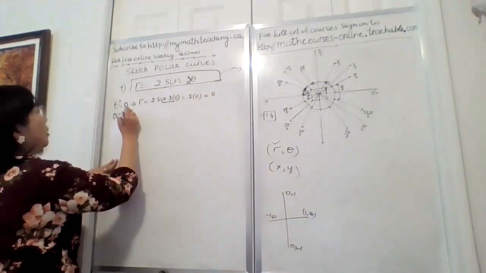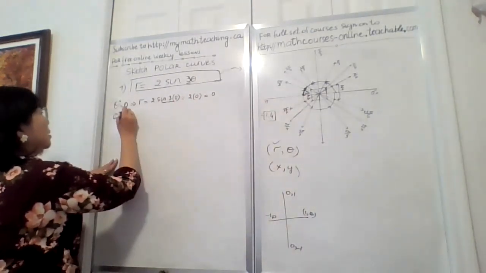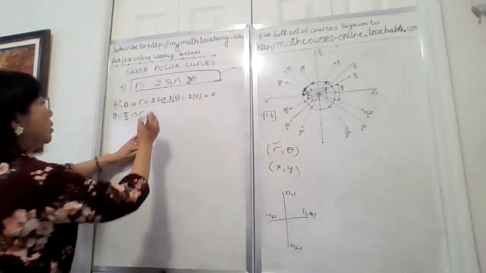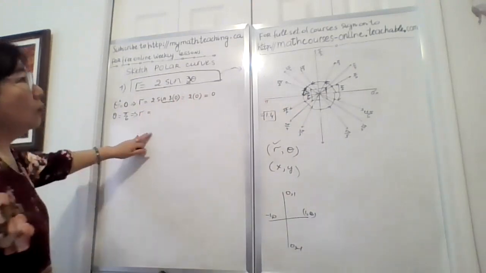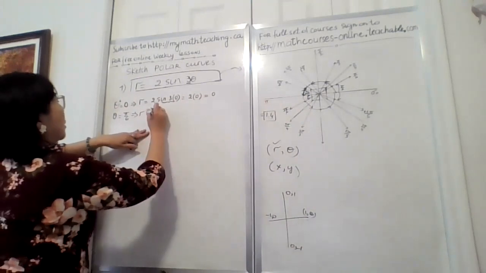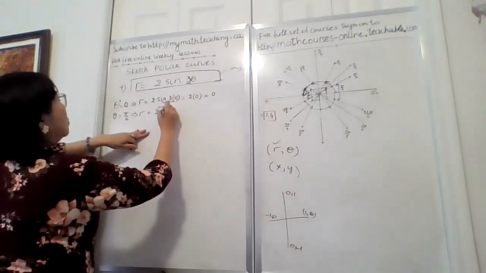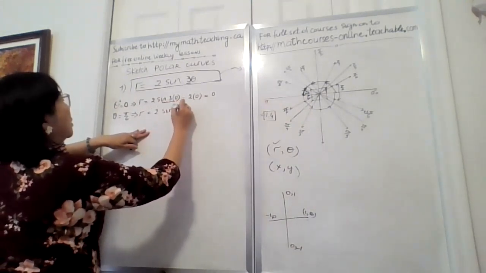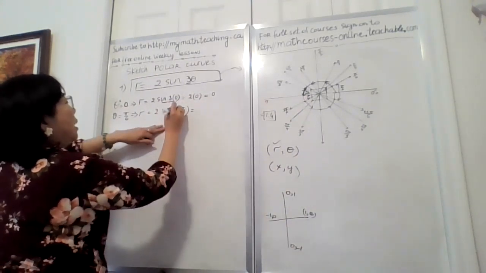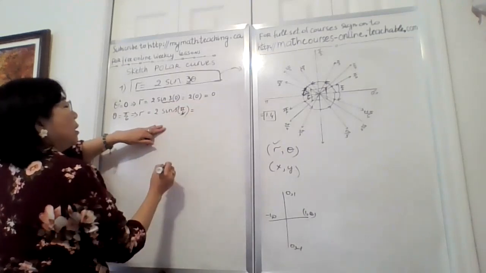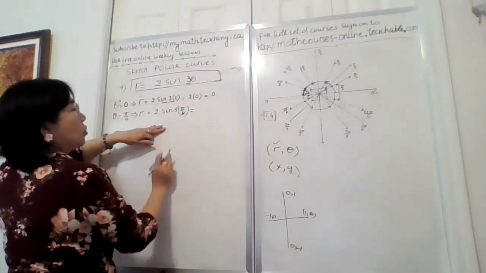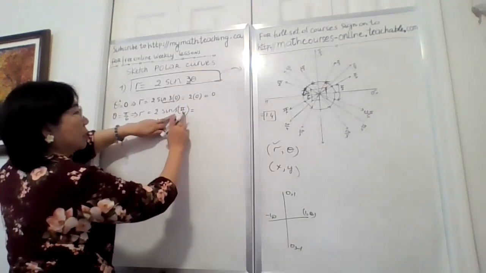If theta equals pi over 6, then r will be equal to 2 times sine of 3 times pi over 6. The 3 cancels with the 6 down here, so the angle becomes pi over 2, instead of 3 pi over 6.